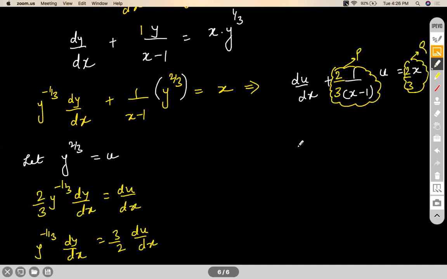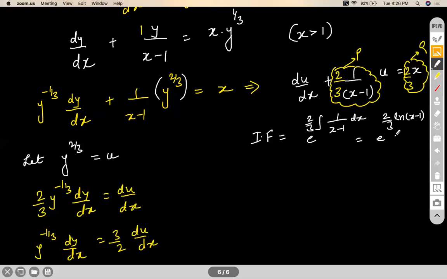Correct? Okay. So I'm assuming here that your x is greater than 1. So the integrating factor here would be e to the power integral 2 by 3 times 1 by x minus 1, which is actually e to the power 2 by 3 ln of x minus 1.